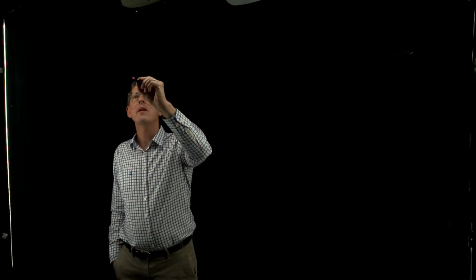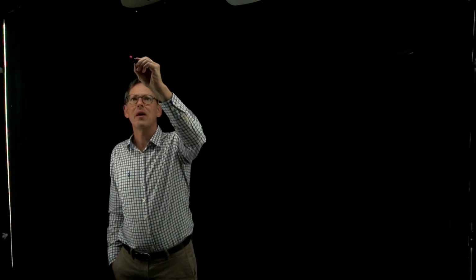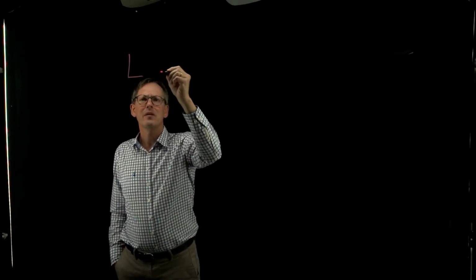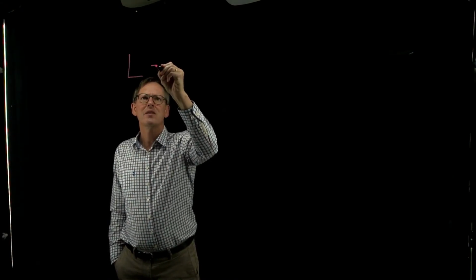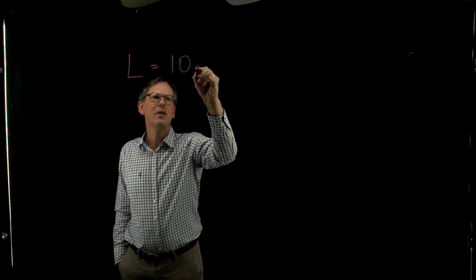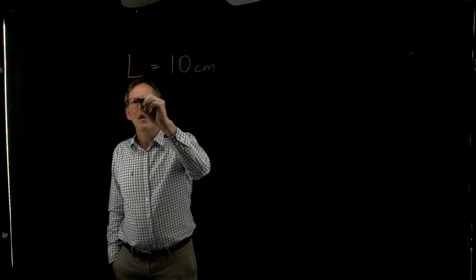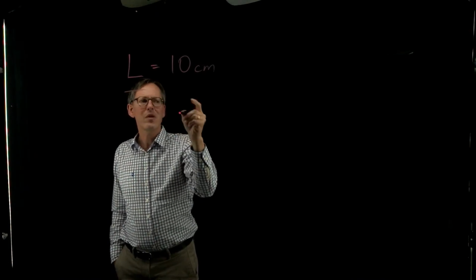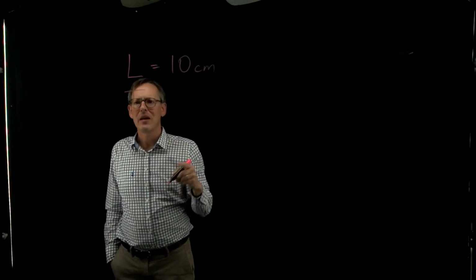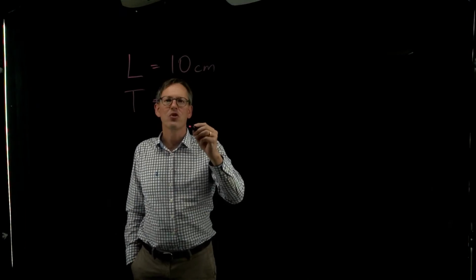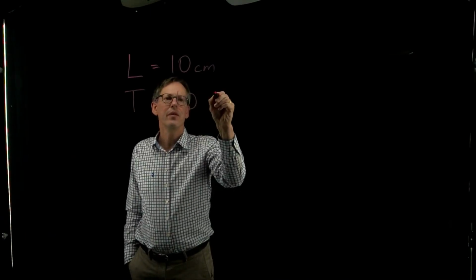So we said that the bottle has a diameter L. The absorption path length, let's say, is 10 centimeters. And let's assume the transmission that we measure in one of the dye solutions is 10%.